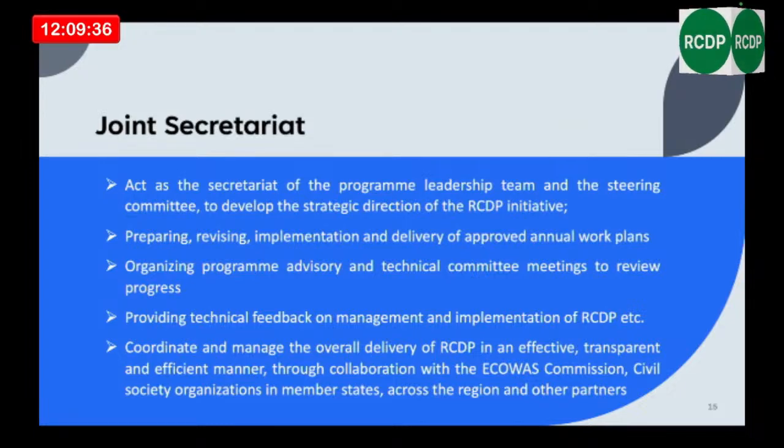It will prepare, revise, implement, and deliver the approved annual work plans. It will also organize program advisory and technical committee meetings and provide technical feedback on the management and implementation of RCDP, as well as coordinate and manage the overall delivery of this initiative in an effective, transparent, and efficient manner through collaboration with ECOWAS Commission, civil society organizations in member states across the region, and other partners.